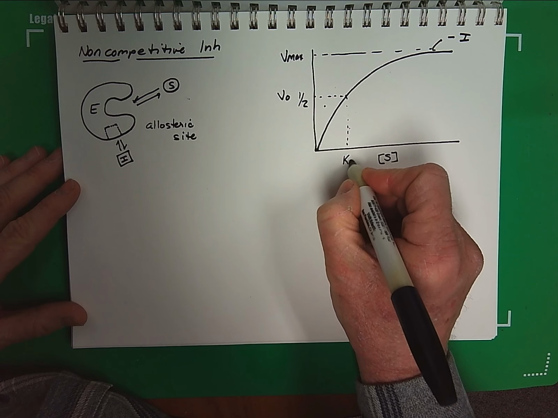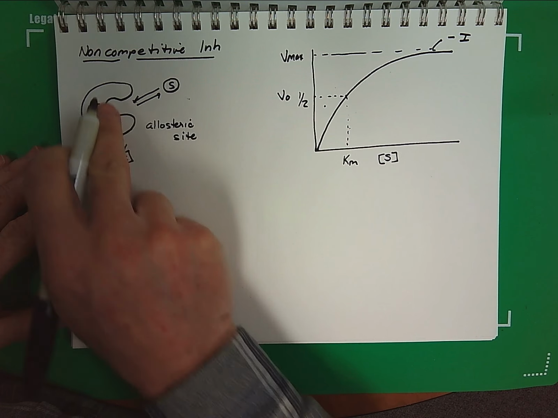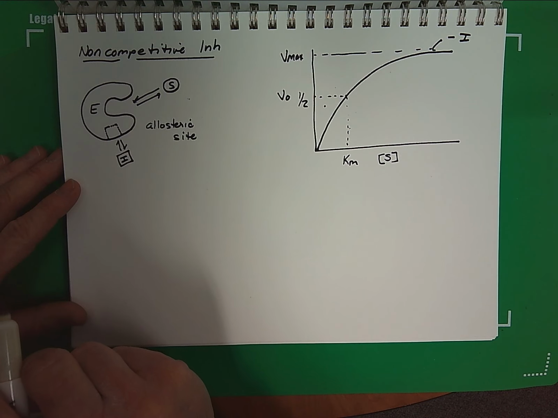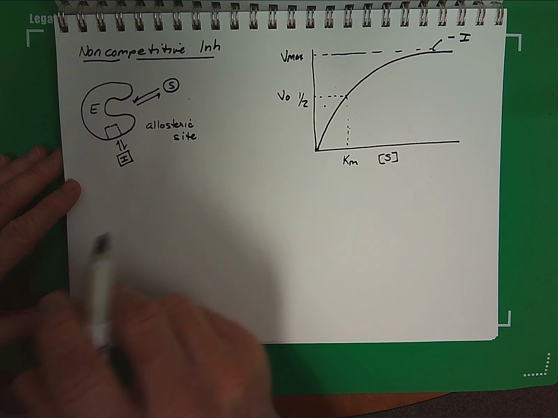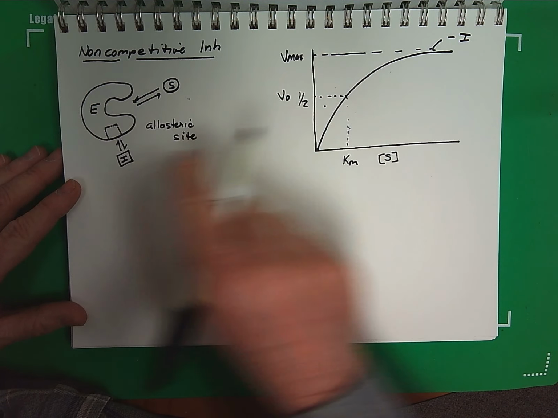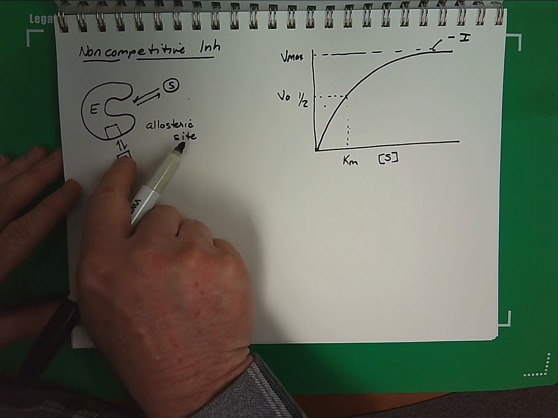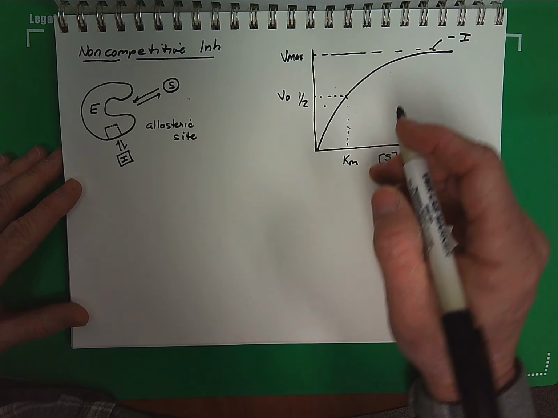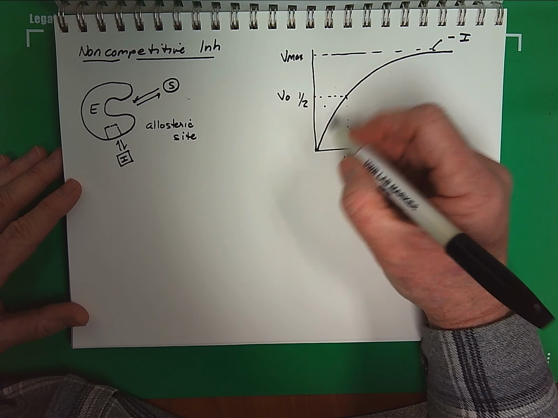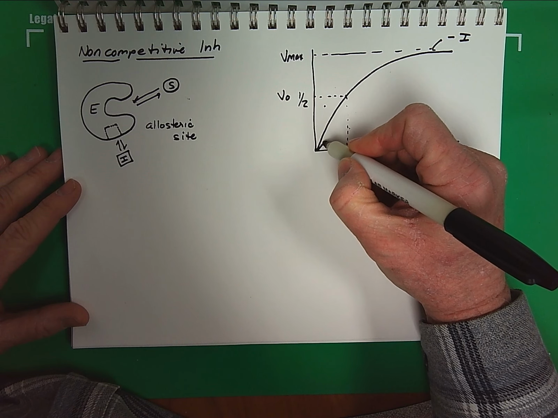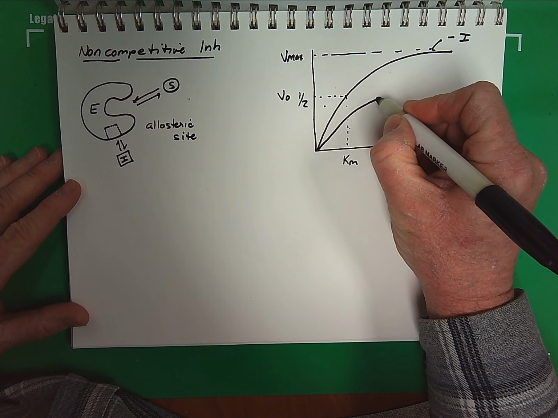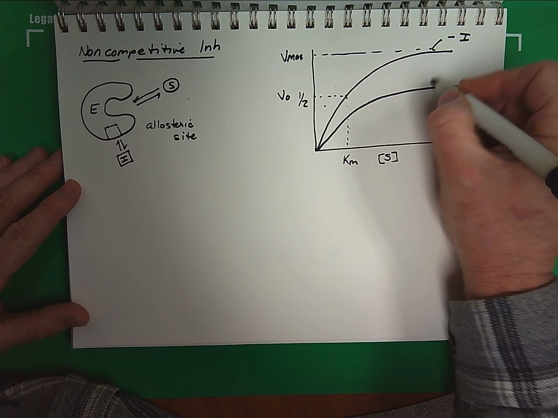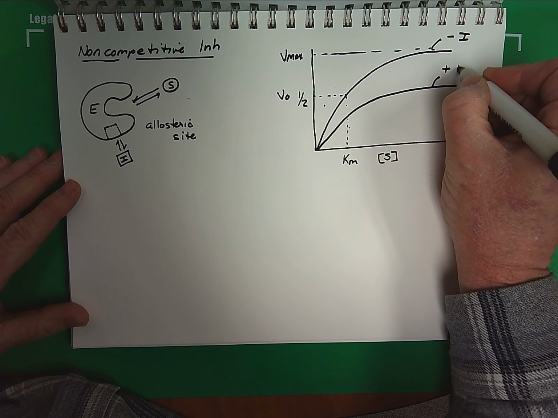And of course our Km for this enzyme substrate. Now if we measure the kinetics of the enzyme in the presence of substrate and now have enzyme inhibitor present, what we will achieve is something like this. This being plus inhibitor.